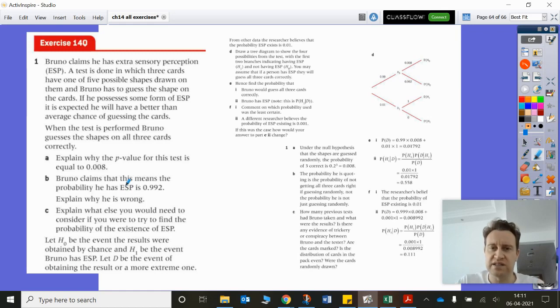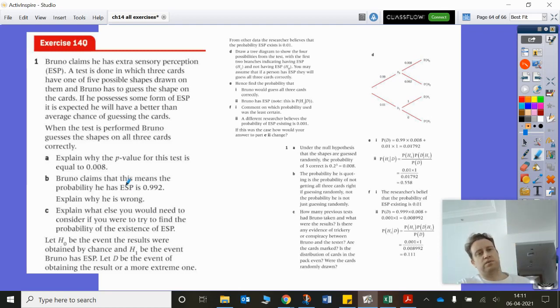It says the probability is the probability of not getting all 3 cards right if guessing randomly. It's not the probability that he has ESP, because we don't know the prevalence of ESP in a population. I mean, we assume that it's 0, in fact, but maybe there's some evidence saying that it exists in a population. I mean, you can equally read that this is a disease instead of ESP. Okay.